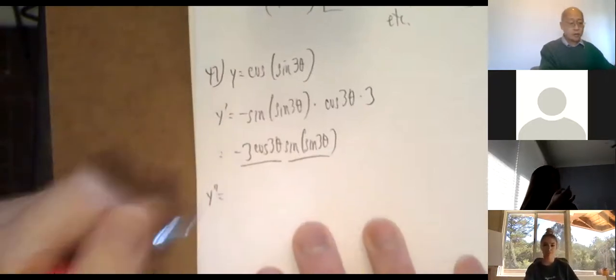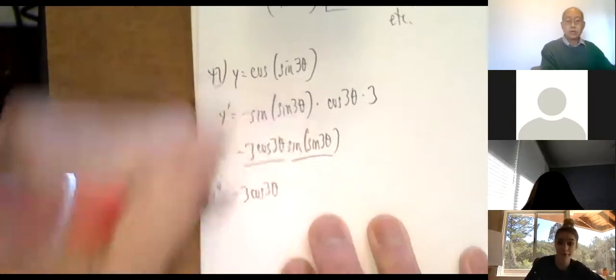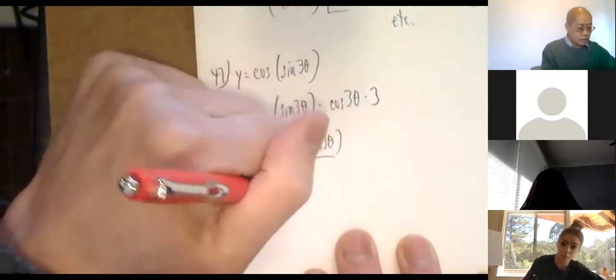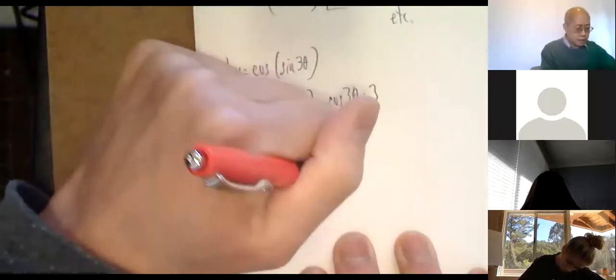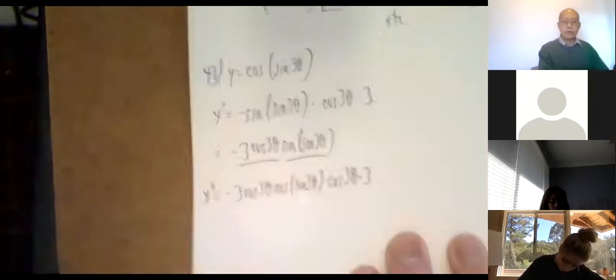Okay, so for y double prime, first times the derivative of the second. The derivative of sine of sine 3 theta is cosine of sine 3 theta times the derivative of sine 3 theta, which is cosine 3 theta, times the derivative of 3 theta, which is 3.